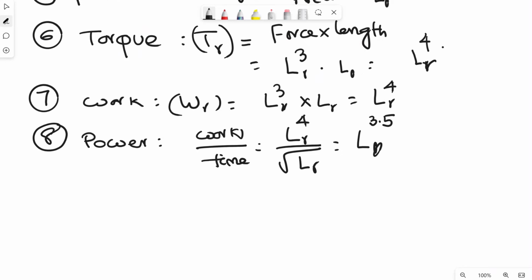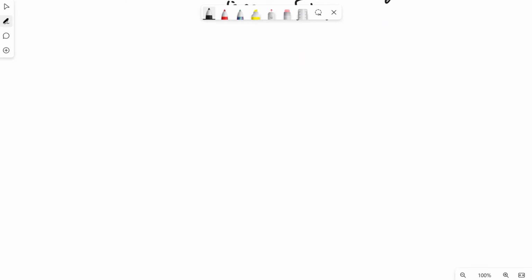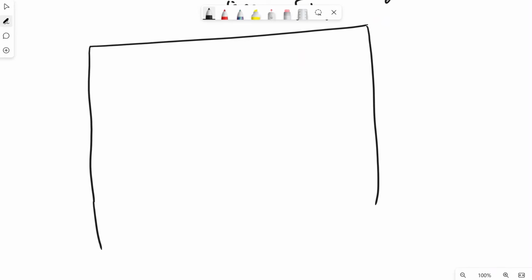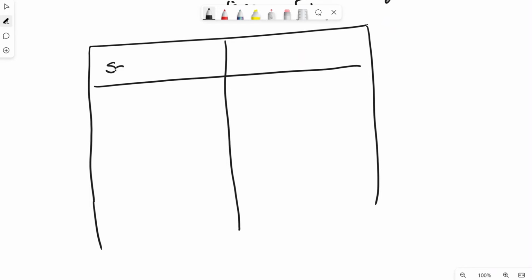So these are the various scale ratios that we should remember. In one simple stroke, what are the things we discussed? This is the scale ratio for each quantity, and all this is based on the Froude model law.